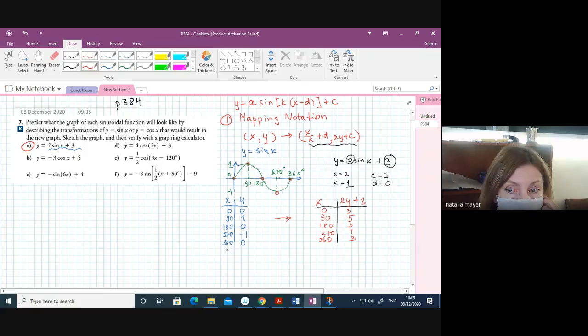Some were shorter than 360. The ones that were shorter than 360, the one at home.